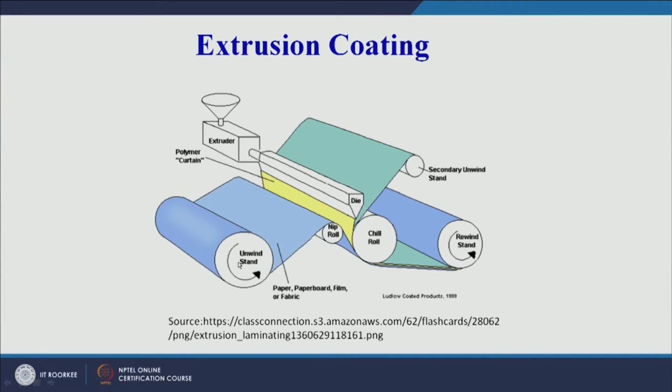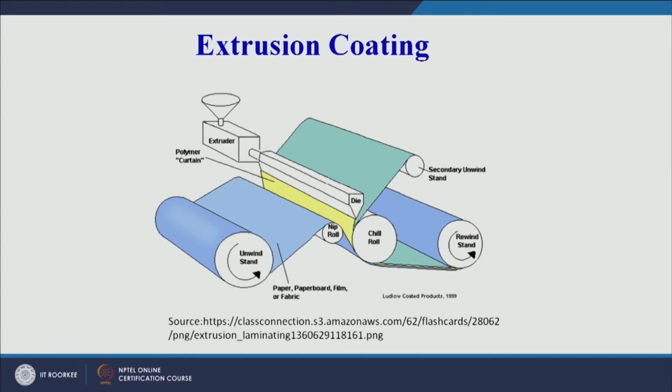So from one side you are delivering the material, and the other film is coming from the extruder. Here you can see this is the extruder, so two different types of polymer sheets are coming. One is from here, another is coming from the extruder, and both are getting collected, and the top is also coming from the secondary unwind stand. So all this is moving together and finally getting collected over the rewind stand.